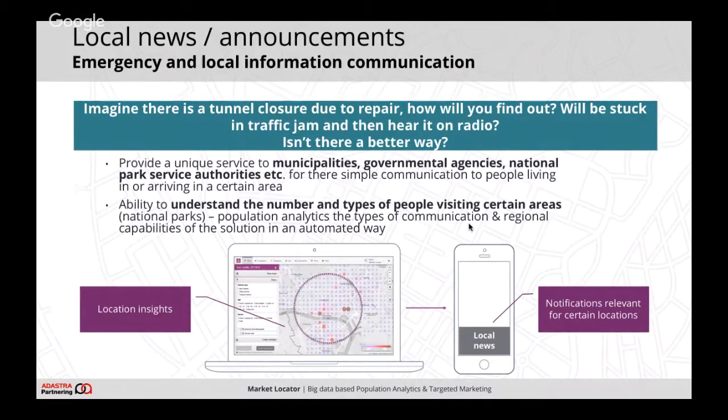So if I'm in charge of a national park, I want analytical insight into exactly how many people visited my park, what parts of that park they visited, where they came from and where they are headed, what the social demographic profile is, etc.